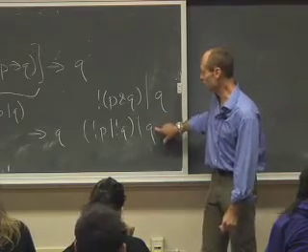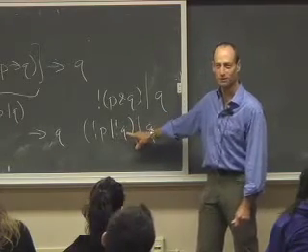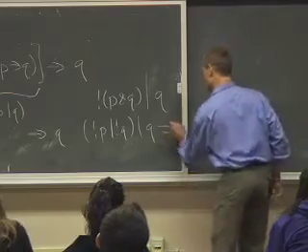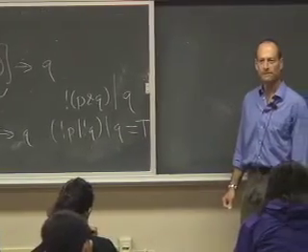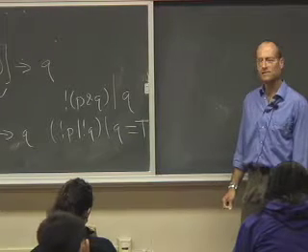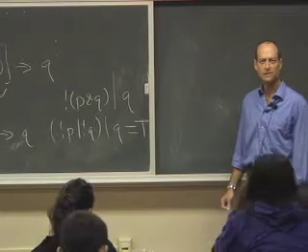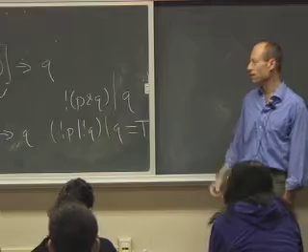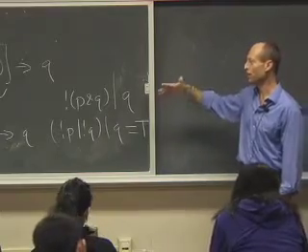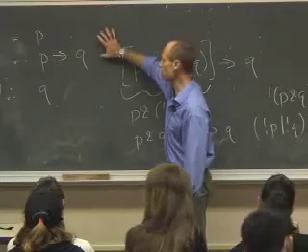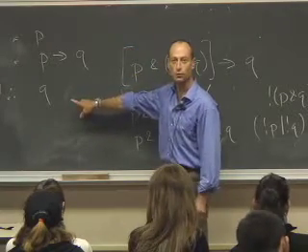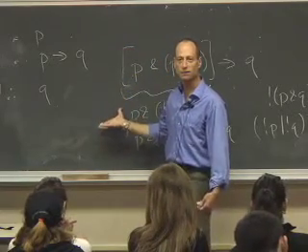And this is true if Q is false, because then not Q is true. So this always evaluates to true. It's just true. Does that make sense? So this argument is logically valid because the conjunction of the premises does indeed imply the conclusion as a matter of math.